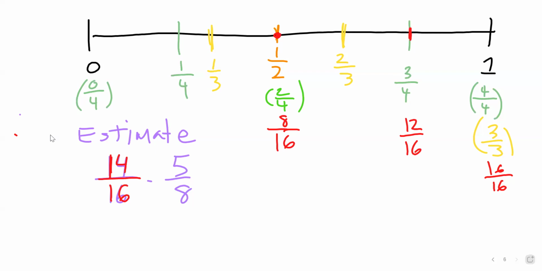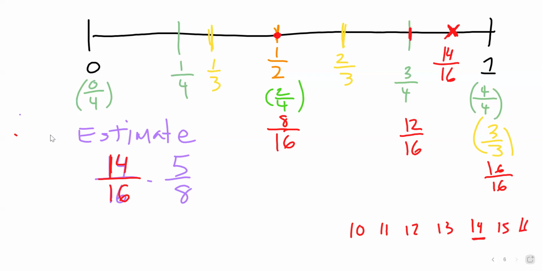So now, even thinking about counting, even if it's not the exact location, let's say I'm going to put it right here. Here's 14 sixteenths. Well, now we can make sense of where 14 sixteenths is. I'm thinking numbers 10, 11, 12, 13, 14, 15, 16.